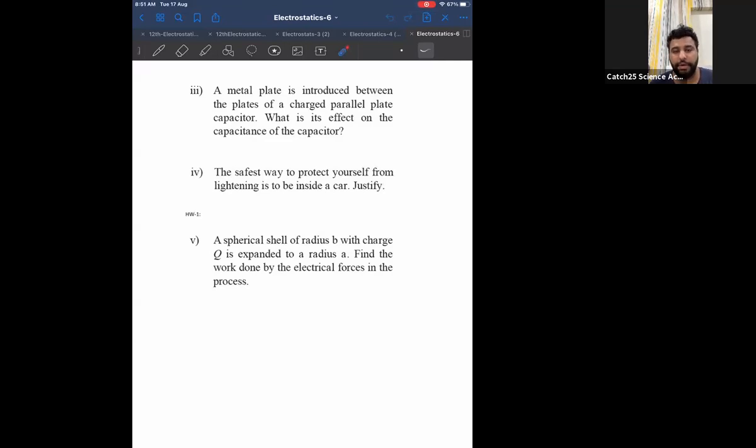Any charged metallic object, like a car, because we can go inside a car. Other things you have to go inside, right? That is why only a car in this particular case.